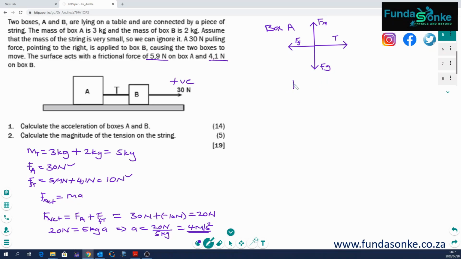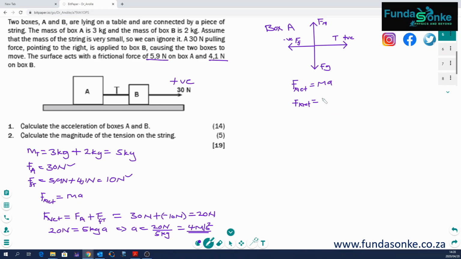And then we know that from Newton's second law, F net is equal to mass times acceleration. In this case, our F net will be equal to, if we take this to be positive, it means our frictional force will be acting in the negative direction.